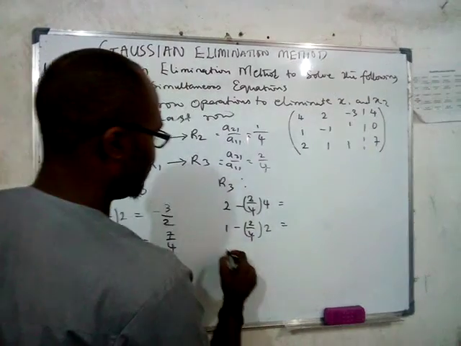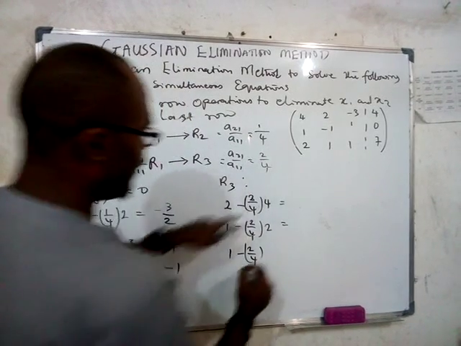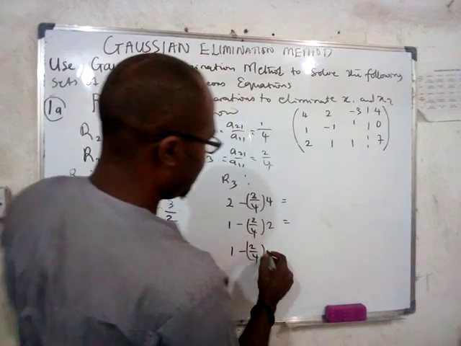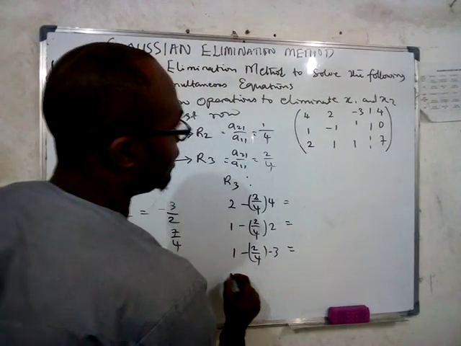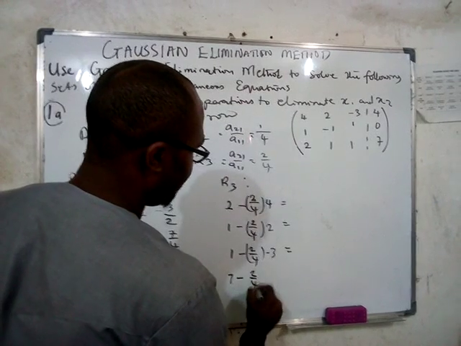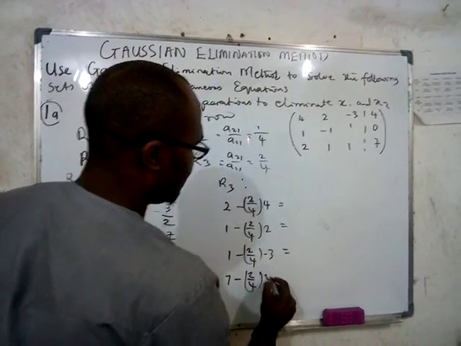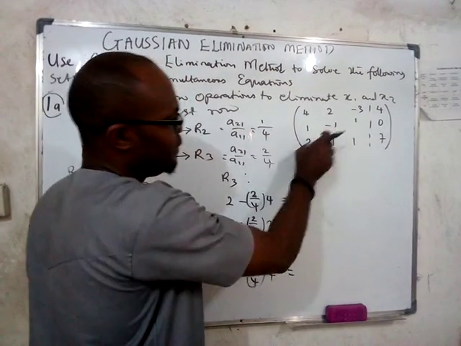You see that this 2 over 4 is always the same thing, just like 1 over 4 here. Times minus 3, equal to. We do the same thing for this one, which is 7 minus 2 over 4 times 4.